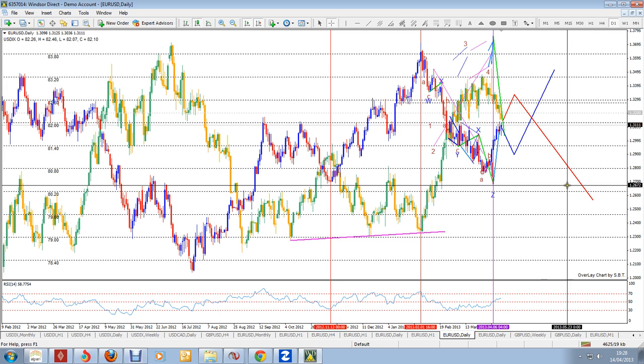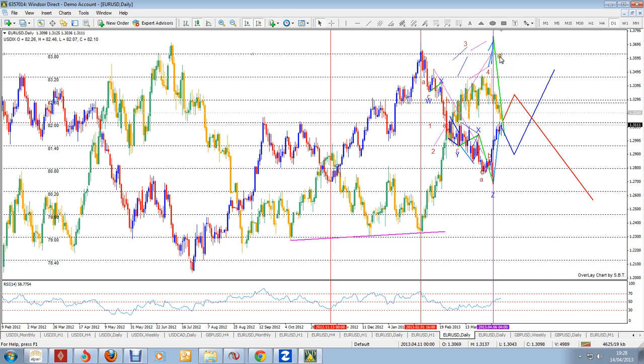So that's what we are expecting in terms of where things are going to go overall. Just clean this up a little bit. Okay, so that's basically what we are looking for.